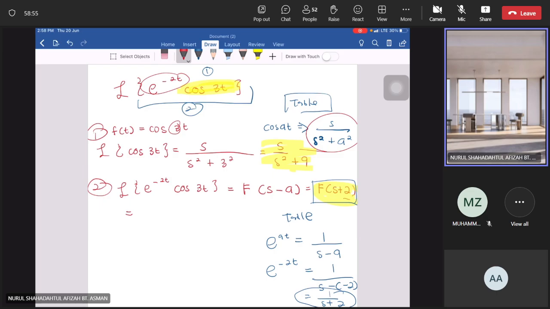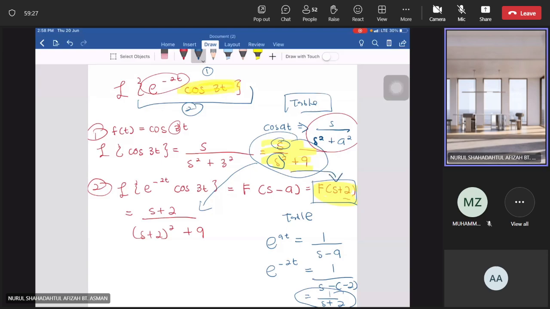And then you get (s plus 2) over (s plus 2) squared plus 9. Yeah, clear how to get this one. But the s here, you need to substitute the s to this.